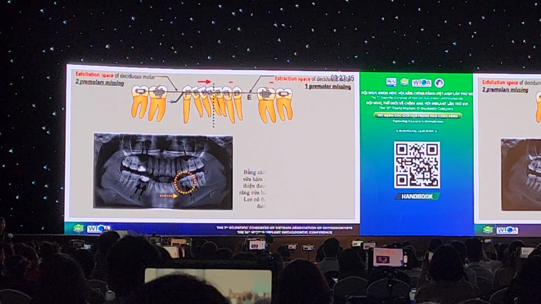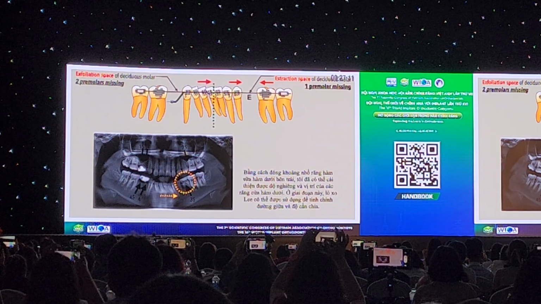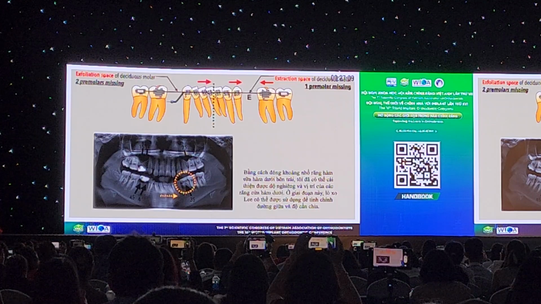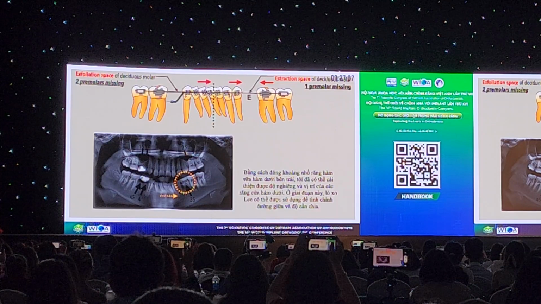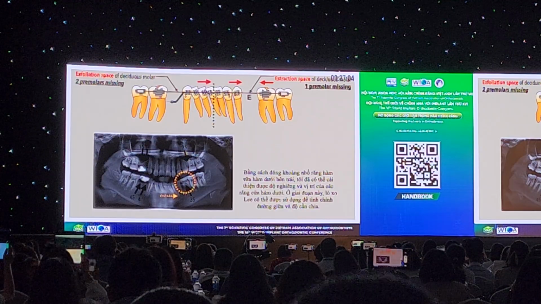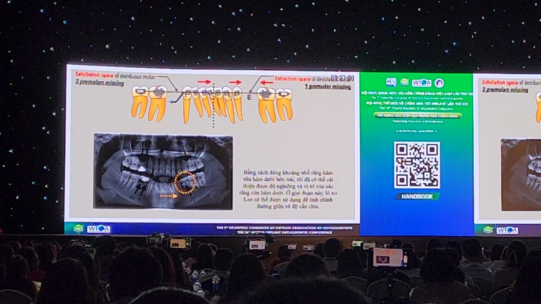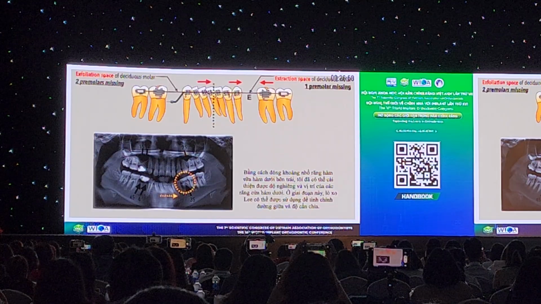By closing the space of the extracted mandibular left primary molar, I was able to improve the inclination and position of the mandibular incisors. At this stage, the respring can be employed to provide more precise adjustment to the midline and overbite.